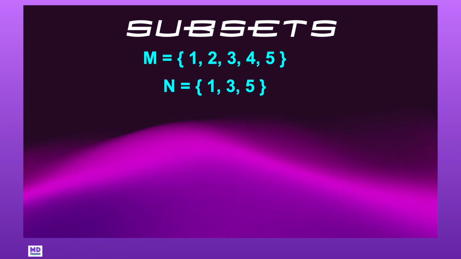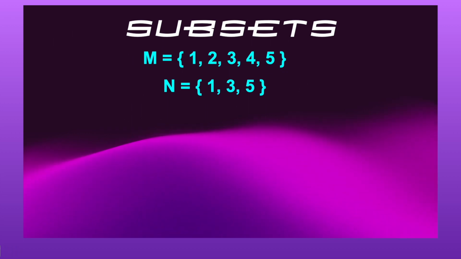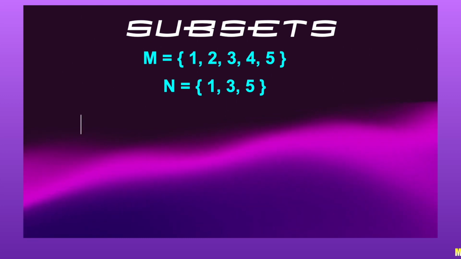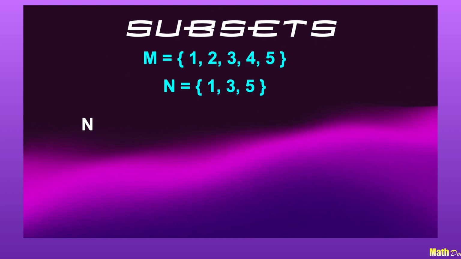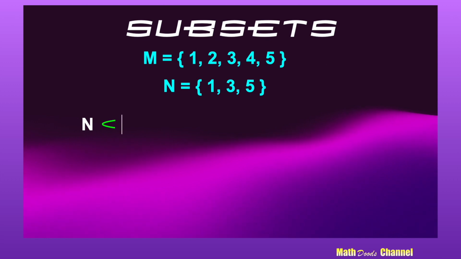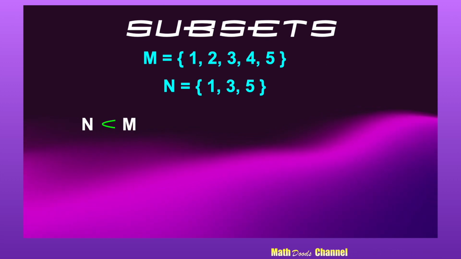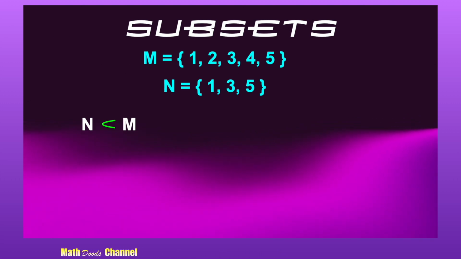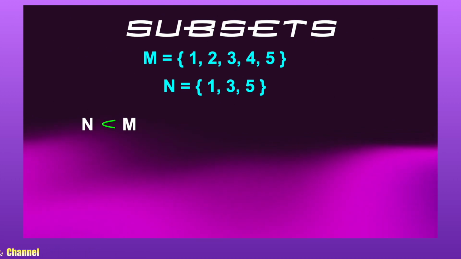So, take note that all elements of set N are also elements of set M. Therefore, set N is a proper subset of set M. When there are no lines under the symbol, this is called a proper subset.